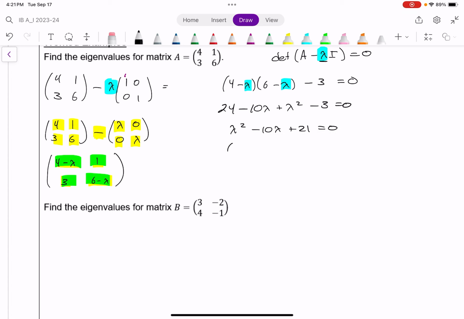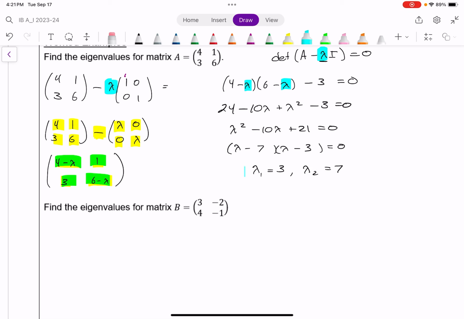I'm going to try factoring this, and yeah, we can factor it. We get lambda minus 7 and lambda minus 3. And so my two solutions are 3 and 7. Or quite often we can say one of our eigenvalues is 3, lambda 1, and my other eigenvalue is 7.